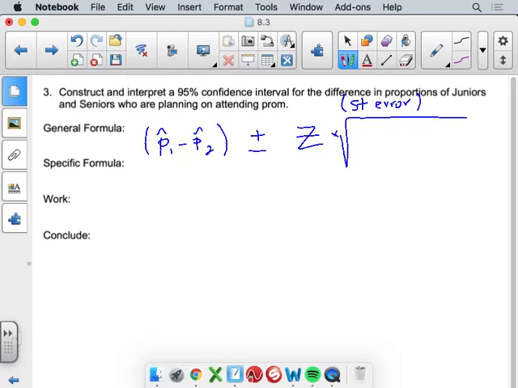It says p1 hat times 1 minus p1 hat over sample size of 1, plus, we never minus standard deviations, plus p2 hat times 1 minus p2 hat over sample size of 2.